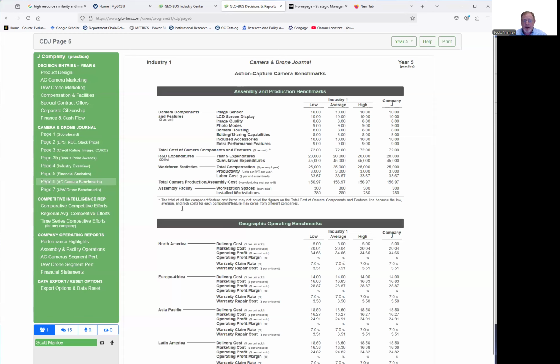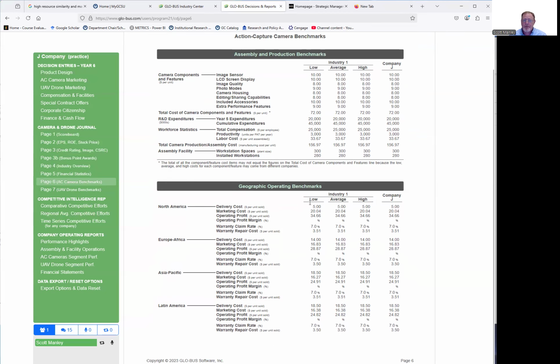Since we have 10 companies producing exactly the same product, the low, the high, the average, and your company are all the same. The bottom shows the geographic operating benchmarks, and it tells you what your delivery cost, your marketing cost, your operating profit margin, your warranty claim rate, and your repair costs are for each of your 4 geographic markets.